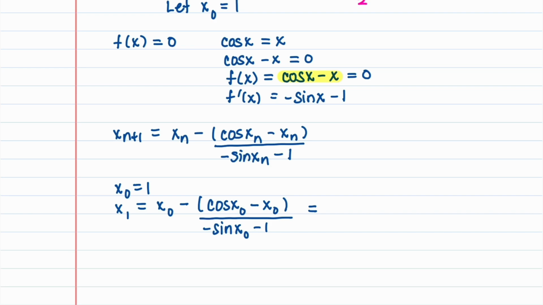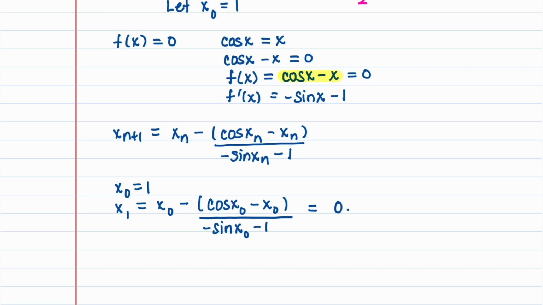X0 is 1, and you put that into your calculator, and you get a value of 0.750364. I wrote down 6 decimal places because our approximations need to agree to 6 decimal places. Notice that x1 does not agree with x0, so that means we need to keep going, and we need to find x2.